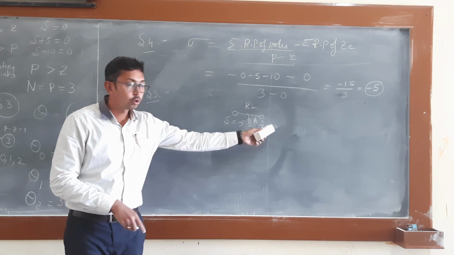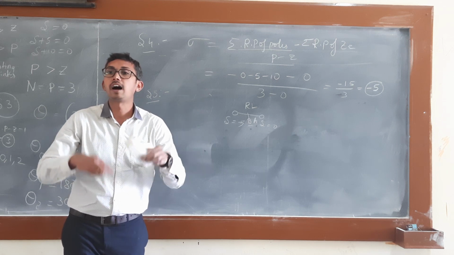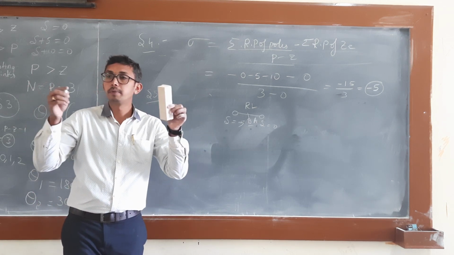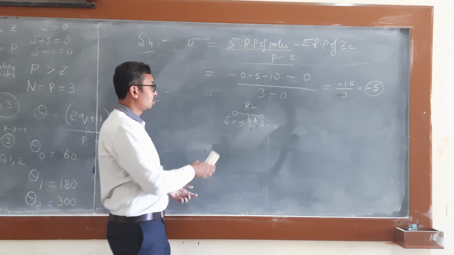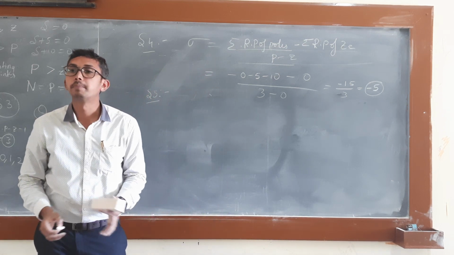So we have poles, therefore in between these two roots we are going to have a breakaway point. If we have zeros, then we will be having a break-in point. Okay, so now we need to find out the breakaway or break-in points. In this case, we will be having a breakaway point.